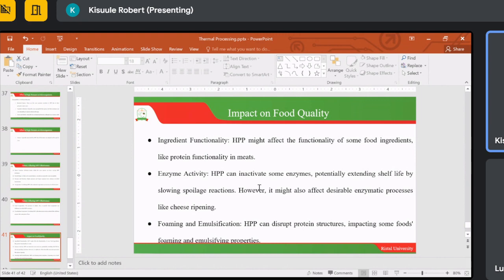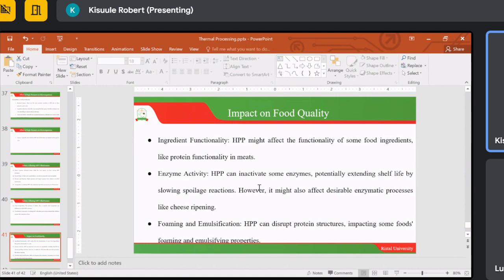For foaming and emulsification, remember that we're trying as much as possible to mix immiscible liquids such as water and oil. In high pressure processing, this can disrupt the protein structures, impacting some foods' foaming and emulsifying properties.